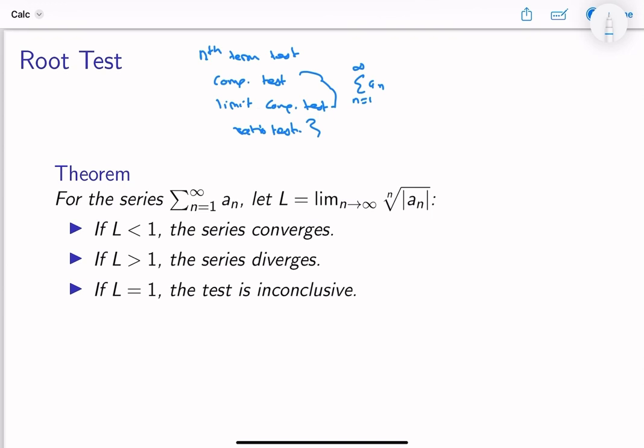And the way we did that is by comparing it to another series. Based on whether or not you have an inequality between these two, we used the comparison test.